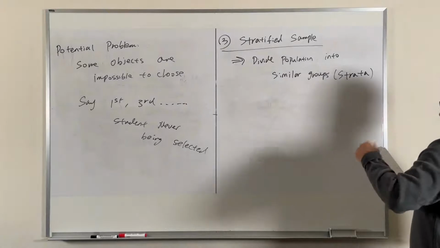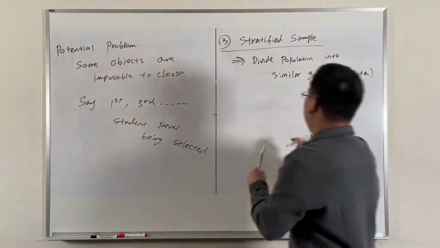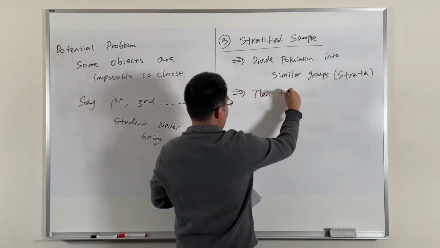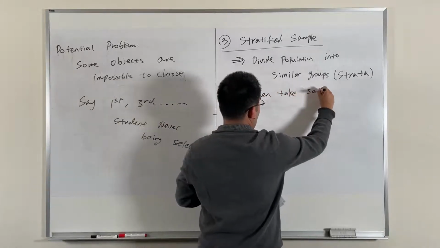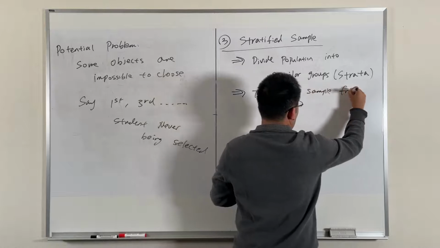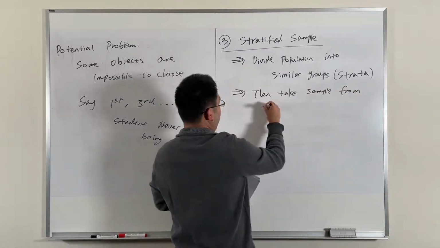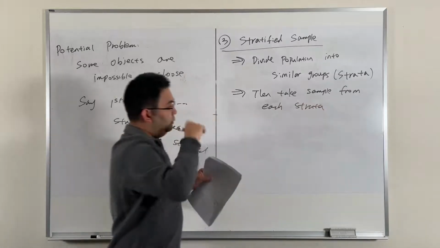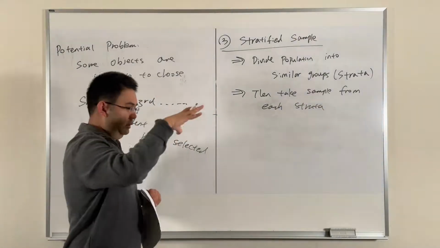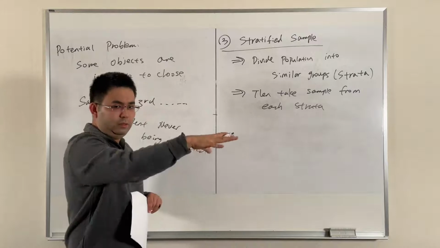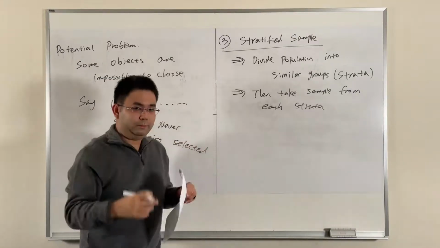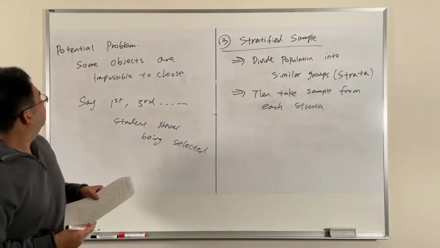And then we're going to take a sample from each stratum. So basically, we have a population. We're going to separate or divide them into similar groups, and then from each group, we're going to pick our sample. Let me give you an example.